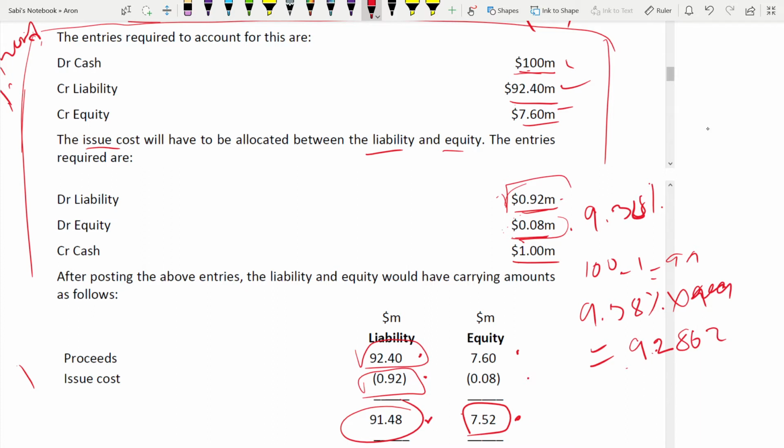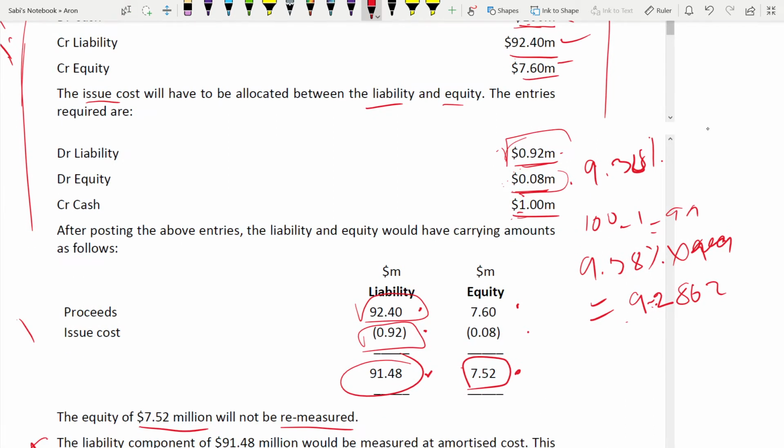Obviously, it cannot be 9.2. It should be less than 1. We know that, right? It should be less than 1. This one. And we'll do this for the others. 99. So this. Okay. Equity part, you don't have to worry. It's just a balancing figure. You will get it.